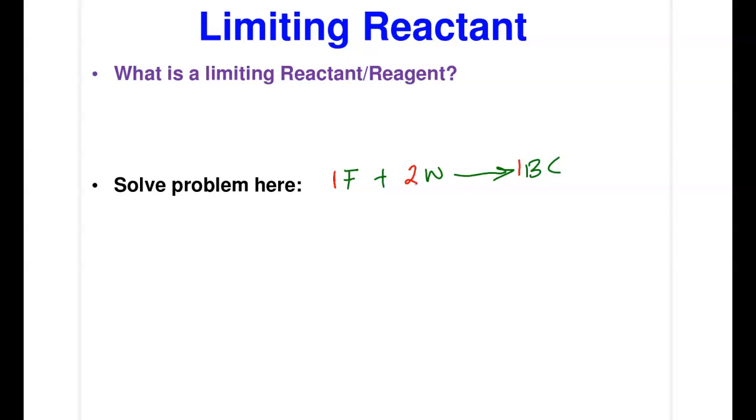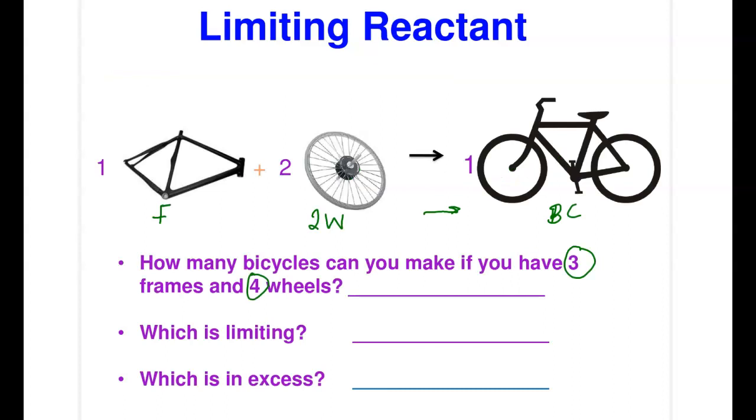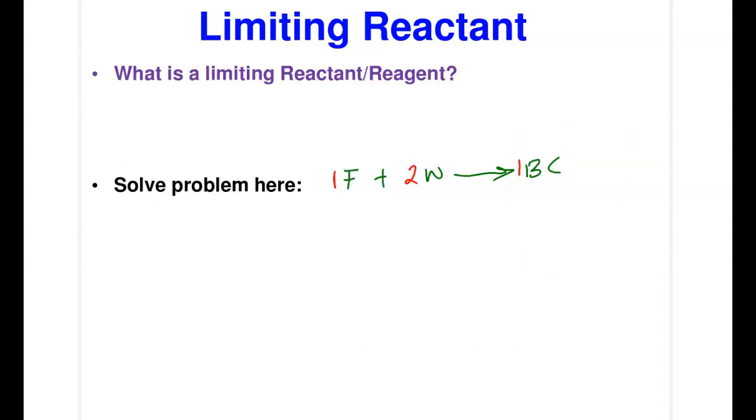If I have 3 frames, what will be my output of bicycles? I'm going to use the conversion factor as usual. I want to convert from 3 frames to bicycles.